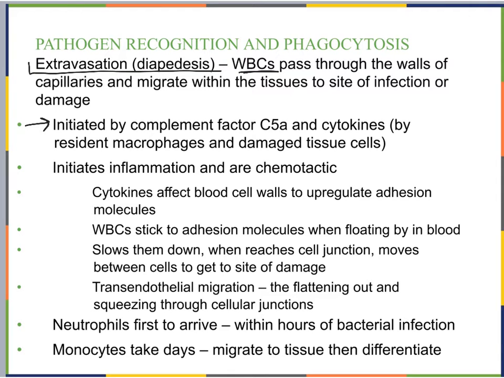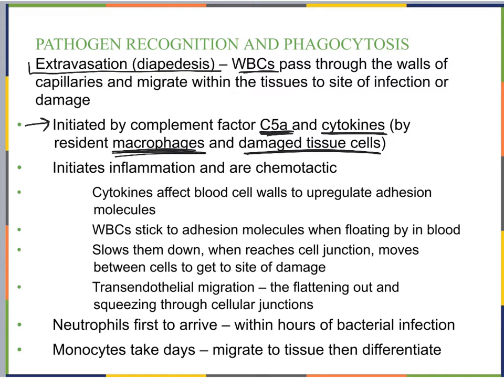So this diapedesis is going to be initiated by, for one, the complement factor C5a, which if we remember back to our complement system, is one of those in that pathway, and cytokines. So getting back to our example, when we accidentally cut our skin, the resident macrophages of that tissue, so those that are in the skin, and the damaged tissue cells themselves are going to end up releasing those cytokines.